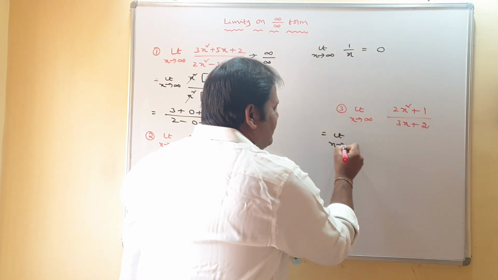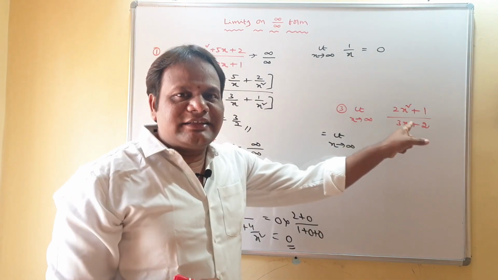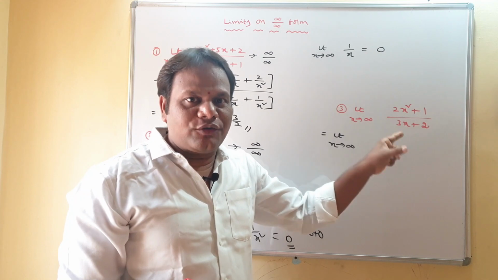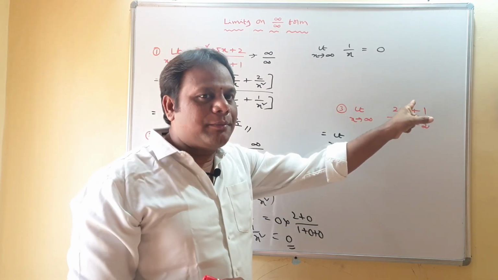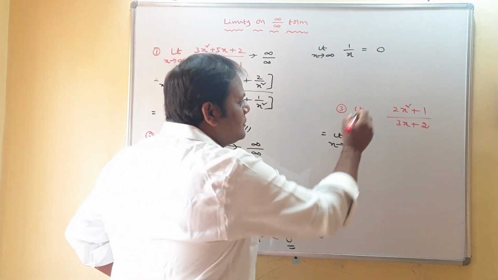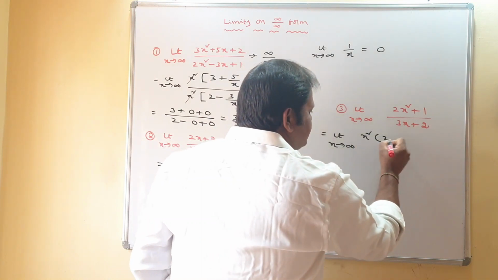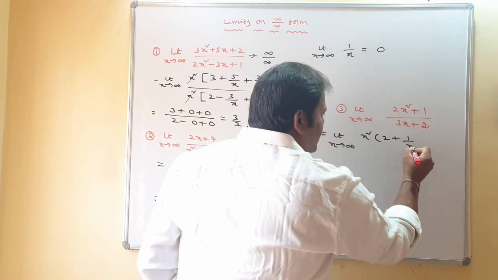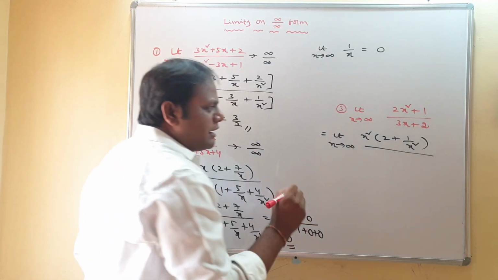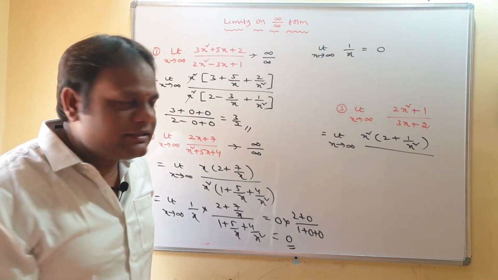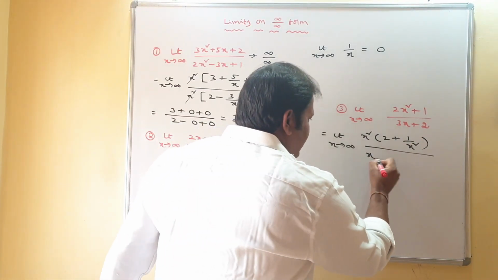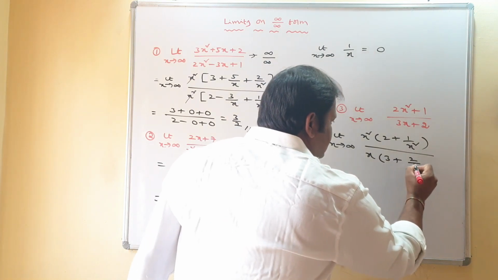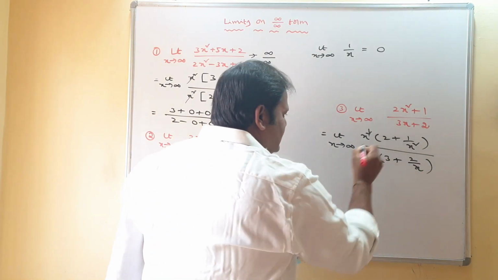Limit x tends to infinity. Again, it takes the form infinity by infinity. So what we do? We take the highest term common in both numerator and denominator. So take x square common. Then you can get 2 plus 1 by x square by, coming to the denominator, what is highest? That is x. So take x common. You get 3 plus 2 by x. So here one x gets cancelled.